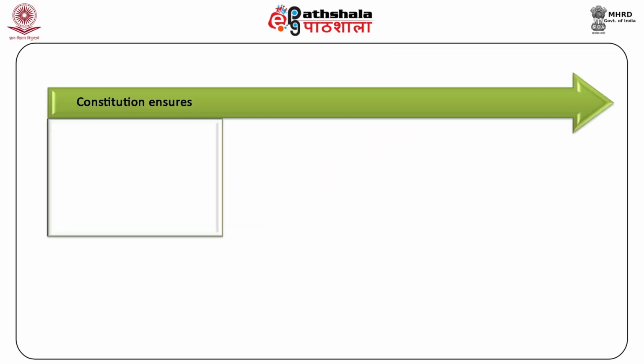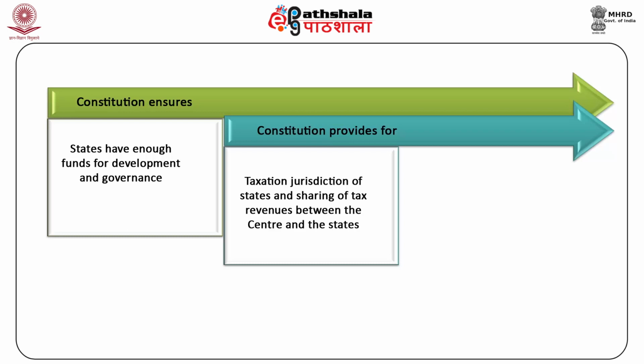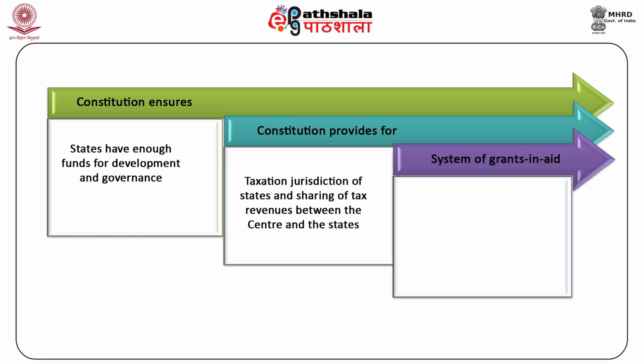Moreover, to ensure that states have enough funds for development and governance, the Constitution also provides for taxation jurisdiction of states and sharing of tax revenues between the center and the states. A system of grants in aid from center to the states is also in place.